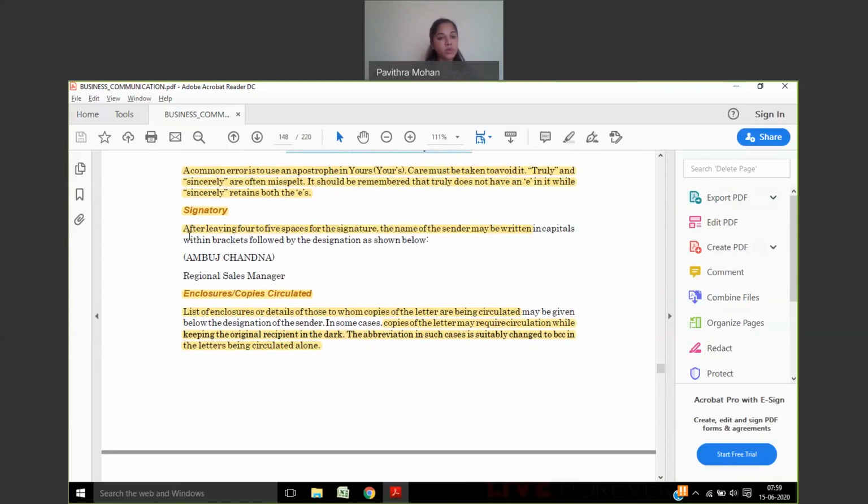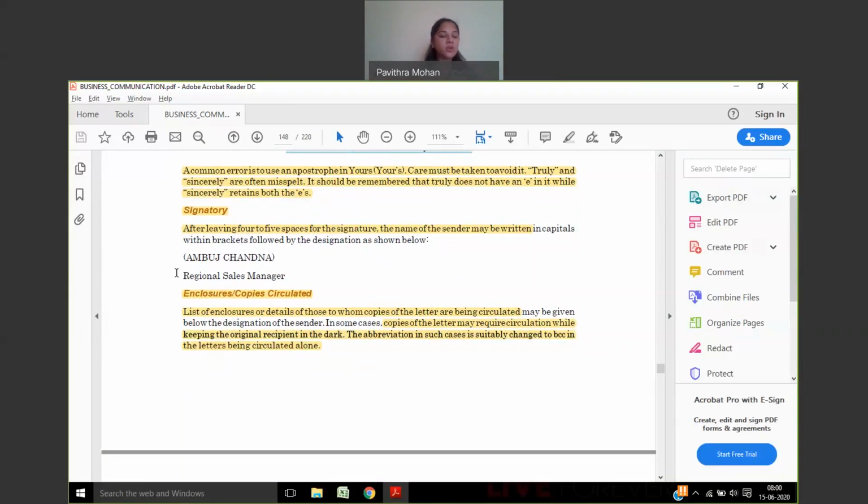After this, you give four to five spaces for the signature, and the name may be written at the end, because most signatures do not give the details of the person signing. Their signature will be different and we will not be able to identify their name. So it is advisable to write their name in brackets.